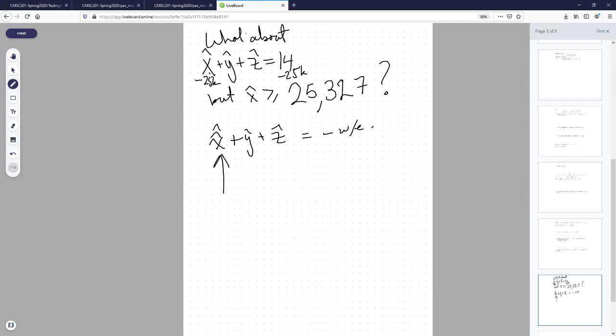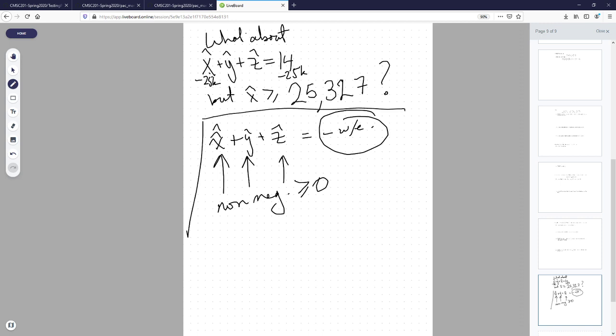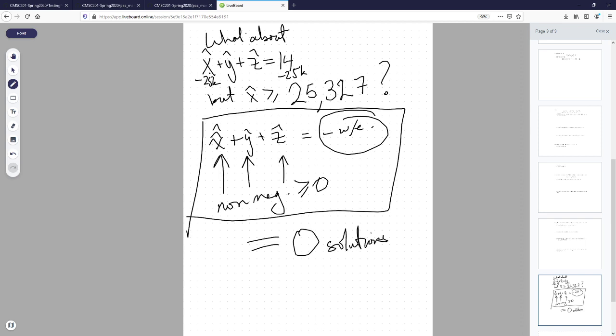If you have a non-negative x, y, and z, each one of them is bigger than or equal to 0, so the sum of them is bigger than or equal to 0. It's impossible to get a negative sum. So the number of solutions to this is zero, and that's a good thing, because then you know that there's not going to be any wonkiness coming out of these terms.